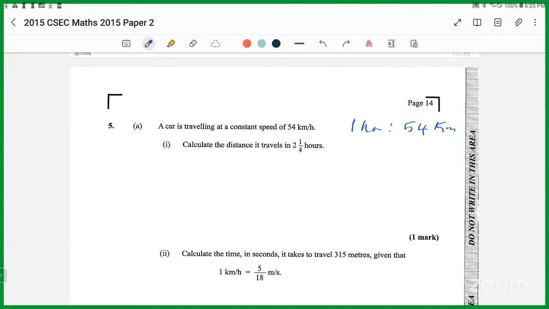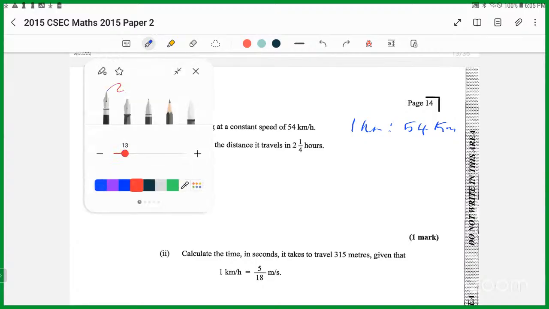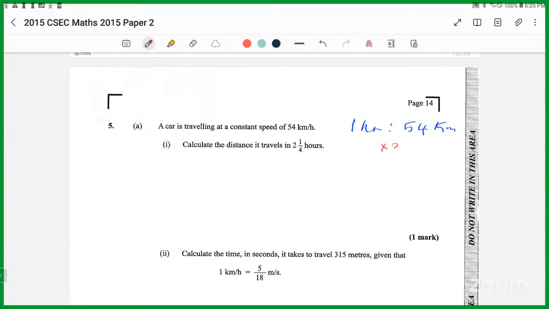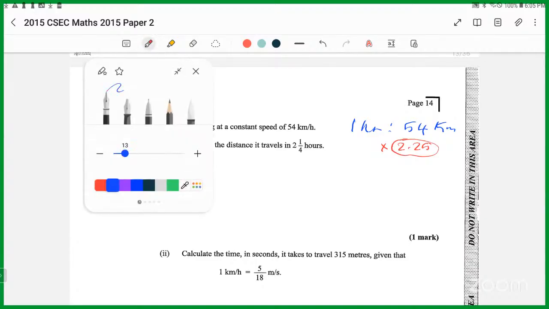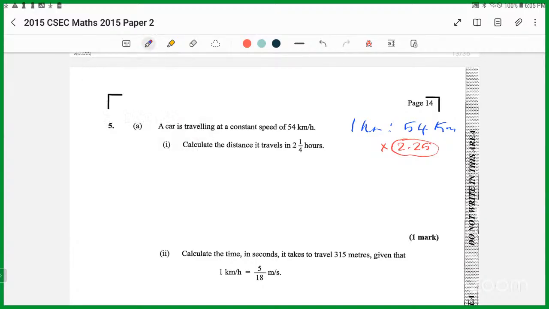They want to know the distance traveled in 2.25 hours. So we're going to multiply this ratio by 2.25. That's going to tell us the distance it travels.